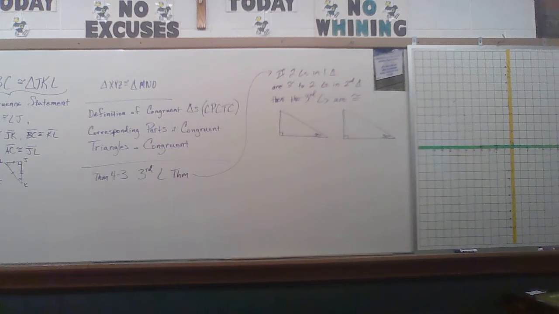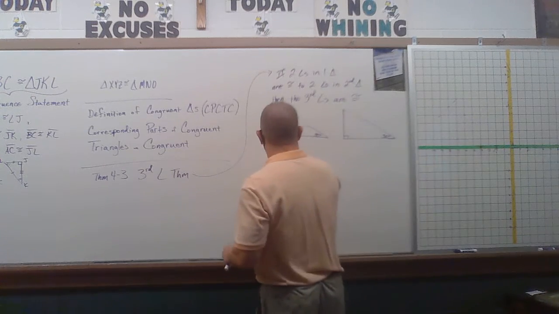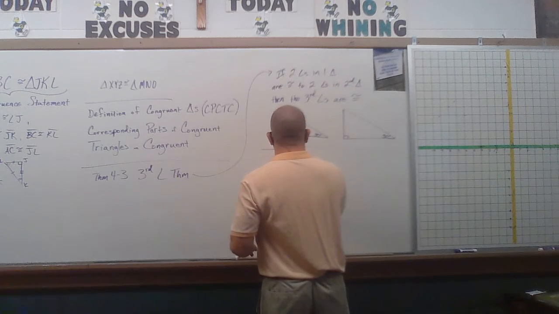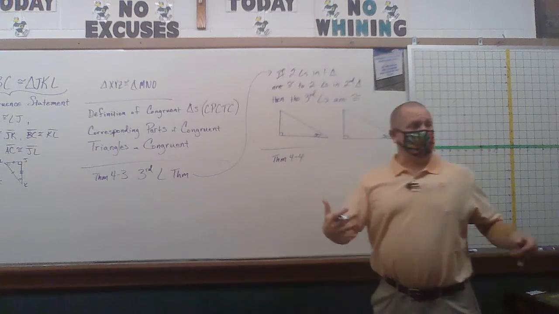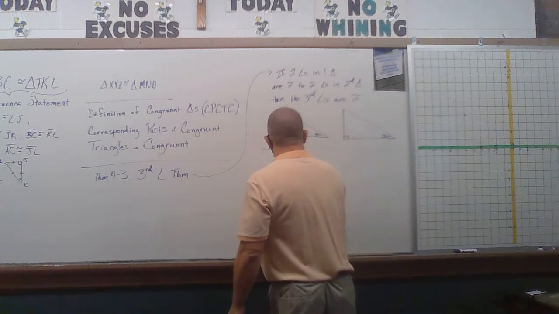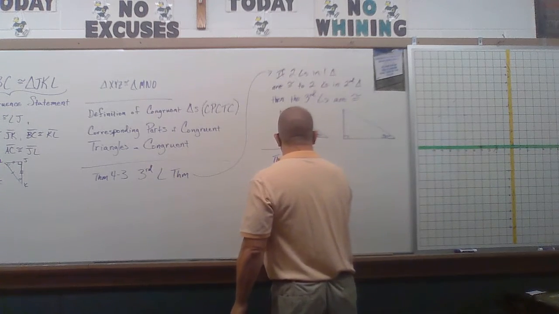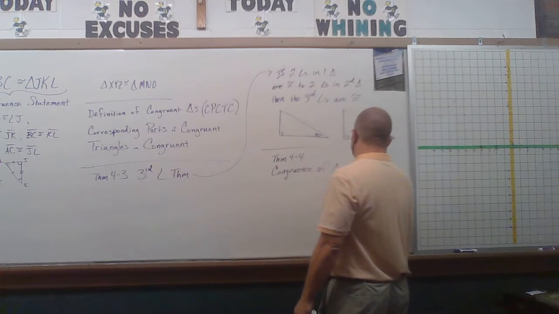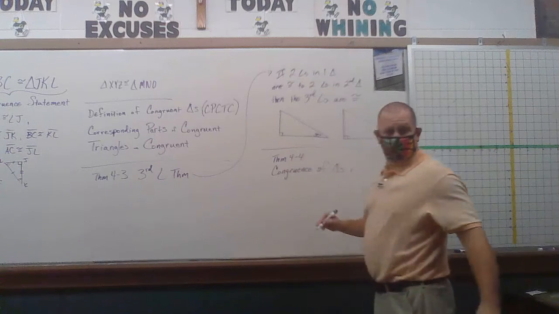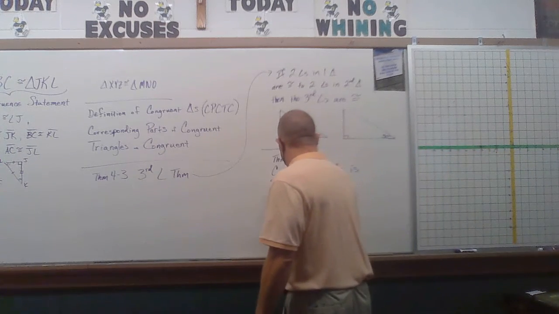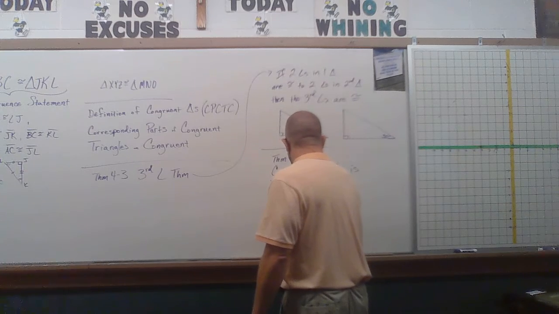And then the last thing that they talk about again is theorem 4.4, which is those words that we've talked about a lot. So the congruence of triangles is reflexive. What were the other words? Do you remember?